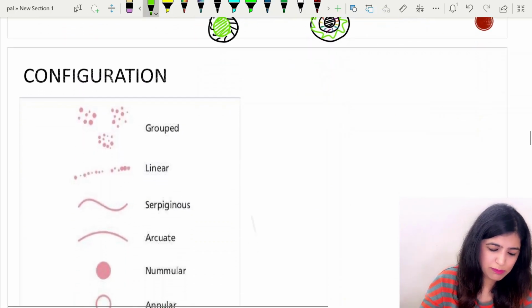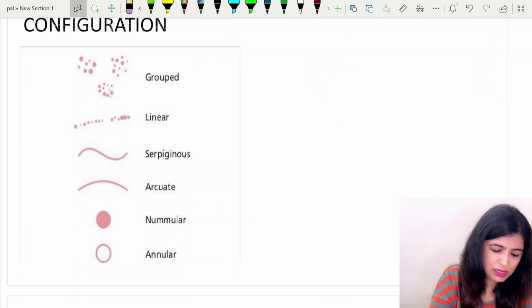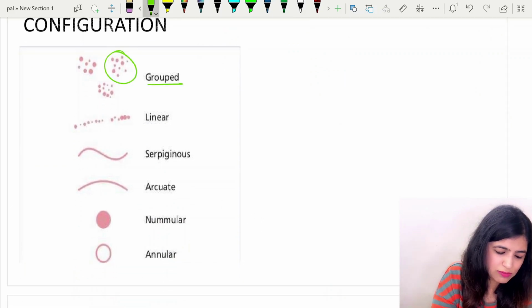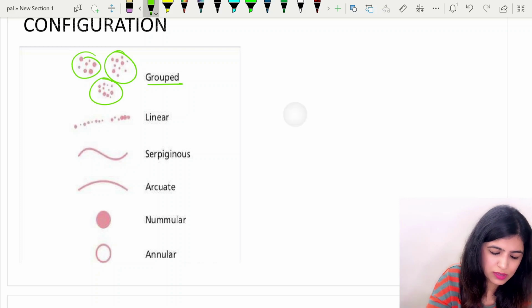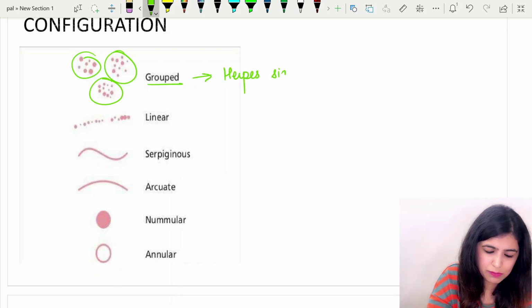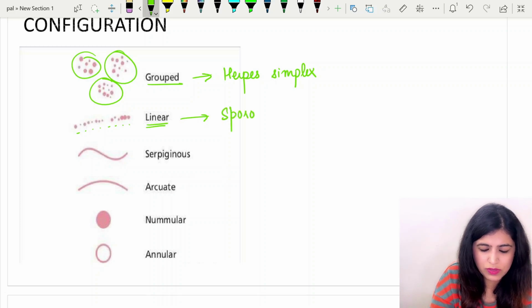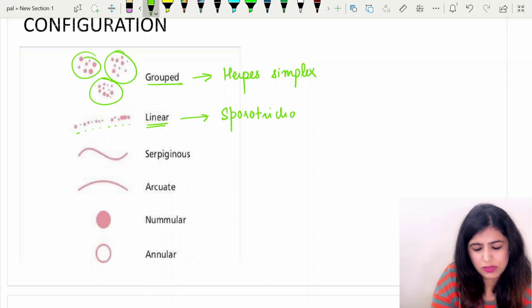There are some more examples of configurations of lesions. We have grouped lesions, where lesions are grouped together, classically seen in herpes simplex infections. Then we have linear lesions, present in a line. An example of this was sporotrichosis.